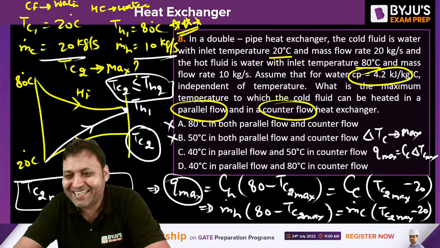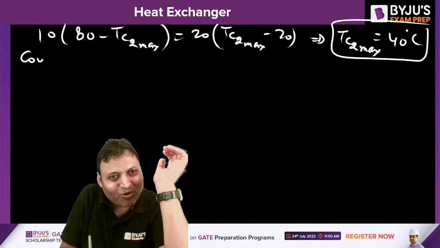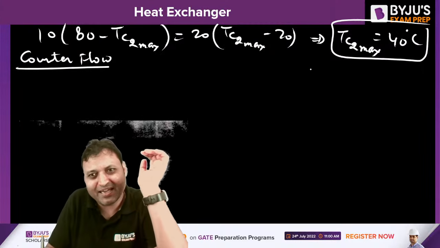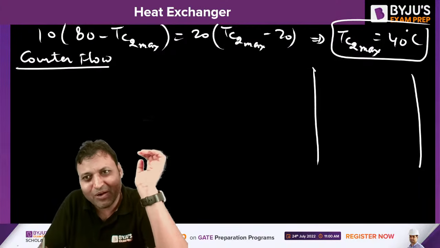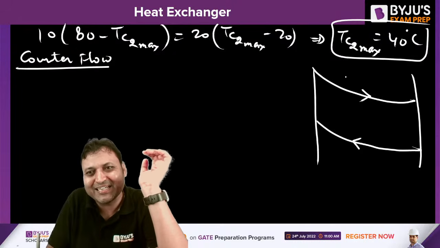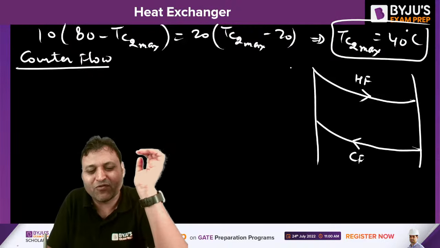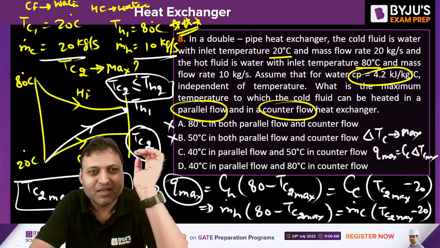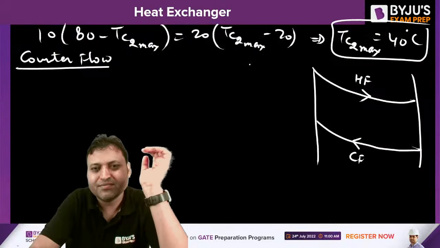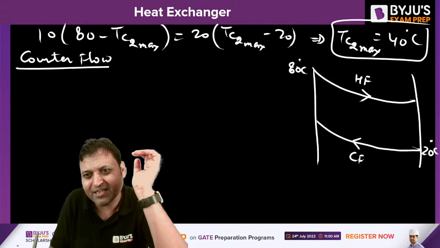Counter flow, tell me. Counter flow is a little complicated. If we talk about the counter flow, the temperature profile will be like this. It is all about the temperature profile which you understand. The hot fluid, this is the cold fluid. And inlet temperature of hot fluid is 80 and 20. This is 80 degrees Celsius and this is 20 degrees Celsius.